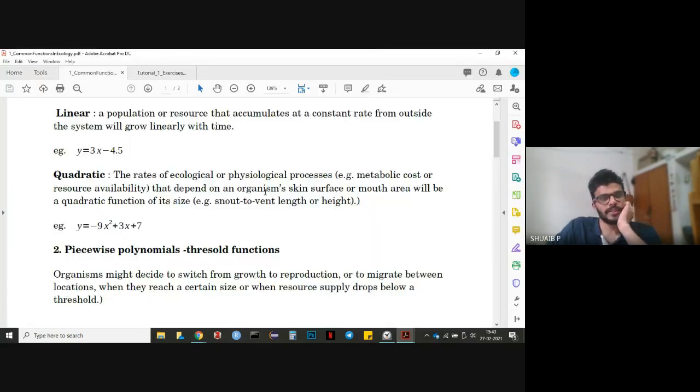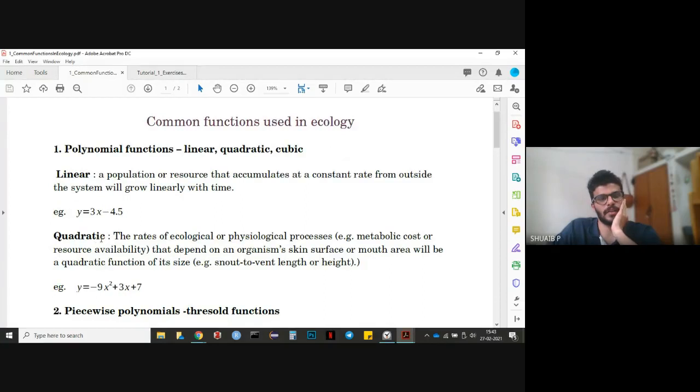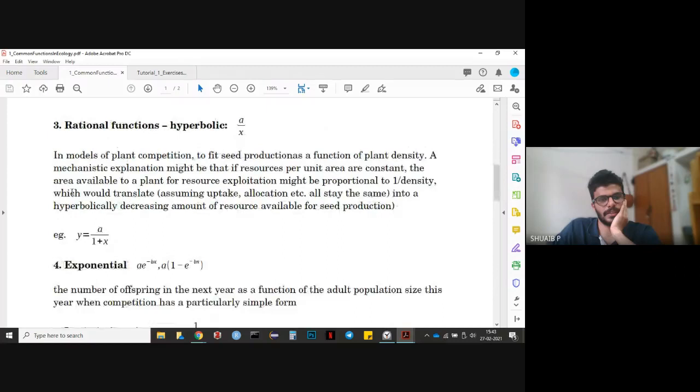So I can share this PDF also with you. So here you can see some common functions used in ecology. As we saw, linear and quadratic forms of functions are polynomial functions, and the function that we saw currently is a rational function, which we can use to explain competition in a population.